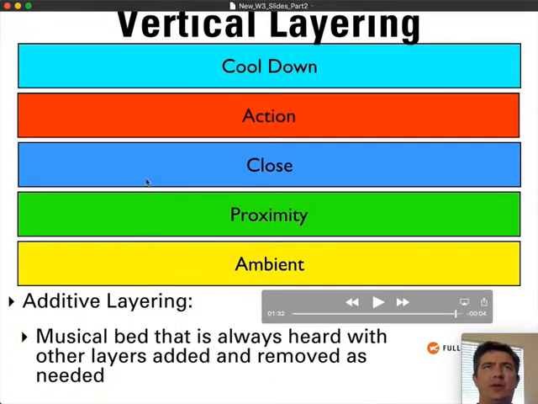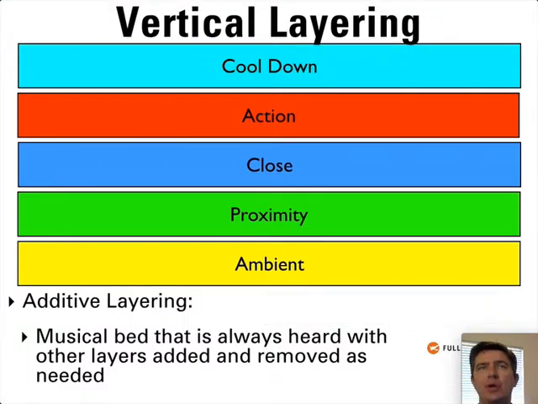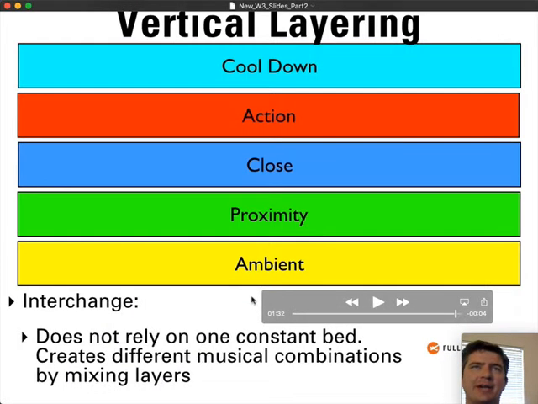And then 3 is only played with 1 and 2, and 4 is only played with 1, 2 and 3, 5 only played with 1, 2, 3, and 4. So it goes up 1, 2, 3, 4, 5, and comes back down 5, 4, 3, 2, 1. You always hear the previous cues with the new layers. So you are adding a new layer on top each time.